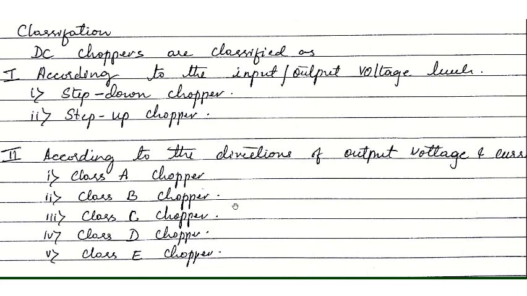The second category of classification is according to the direction of the current, the output voltage and the output current. Based on the directions, the choppers are classified as Class A, Class B, Class C, Class D, and Class E. The third category is according to the quadrants.